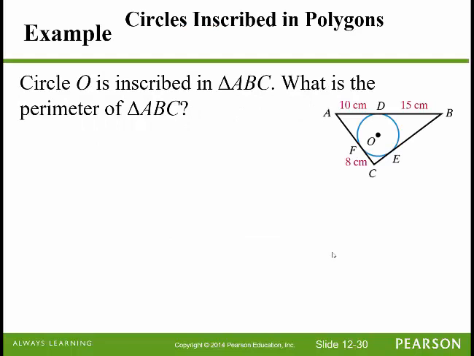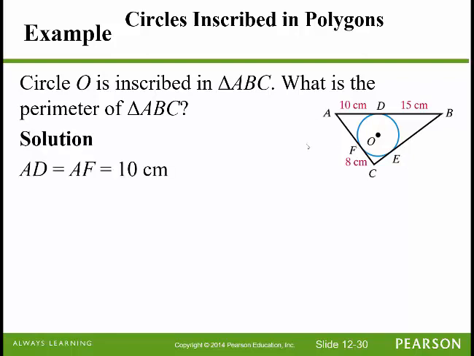All right, so let's do an example. Circle O here is inscribed, remember points of tangency, in triangle ABC. What is the perimeter of triangle ABC? We can see here I know what segments AB, AD, and DB are, but I'm missing BE, CE, and AF.